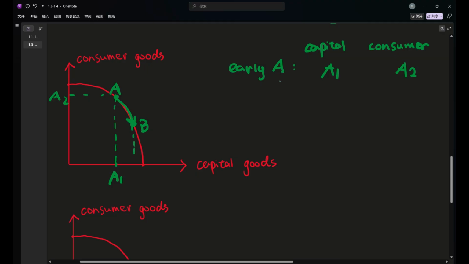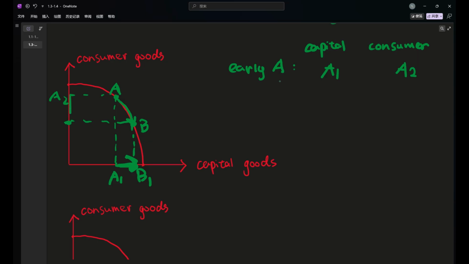But at the point B, you actually increase the production of capital goods. You increase this more. But everything has its cost. In economics, we call it opportunity cost. You produce some more capital goods. You use some more resources. You have to pay for it.